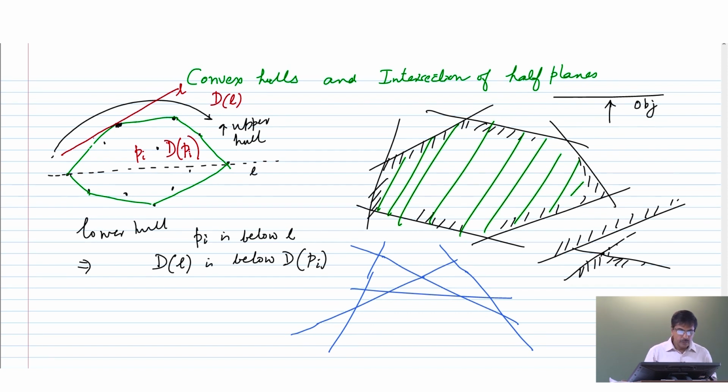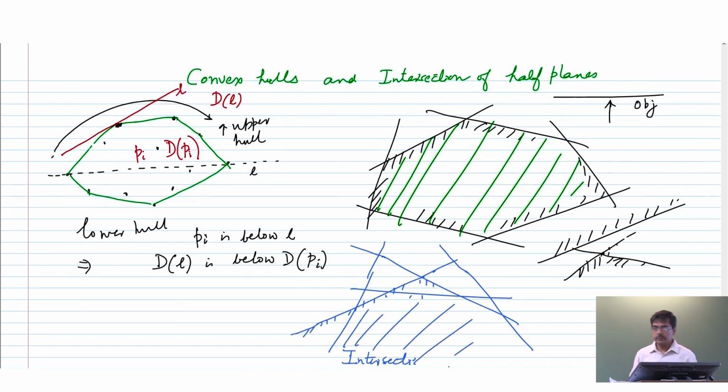And finally, let us say I am interested in these half planes. So, this is basically my intersection region, this portion. The points have become lines.